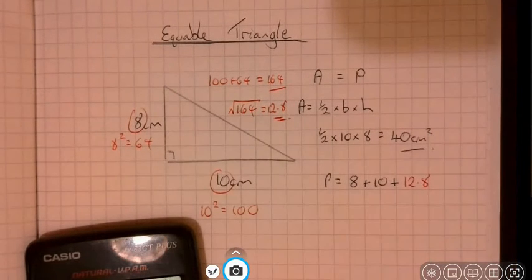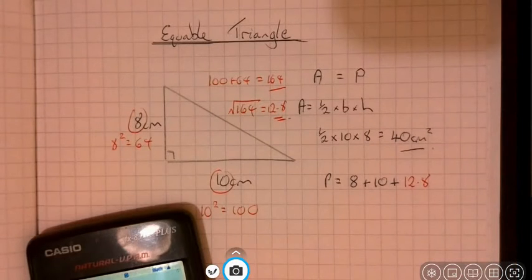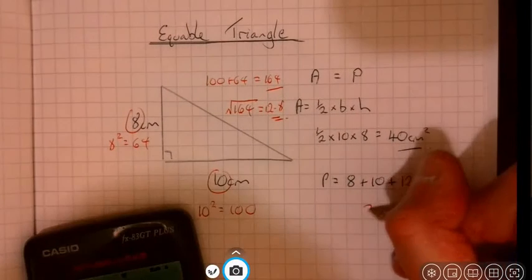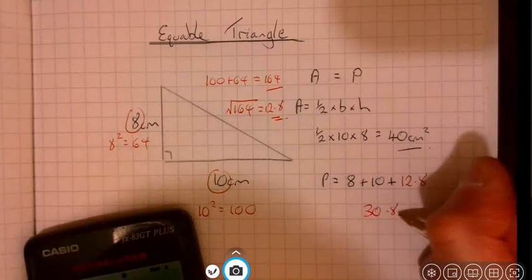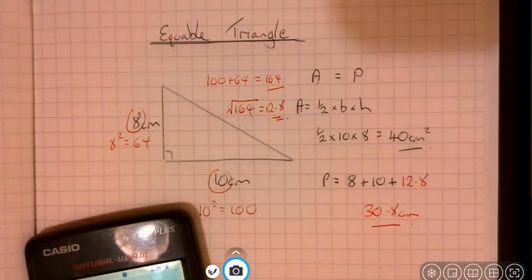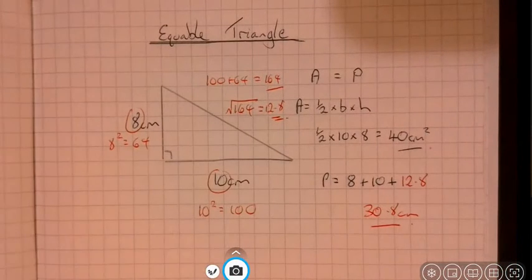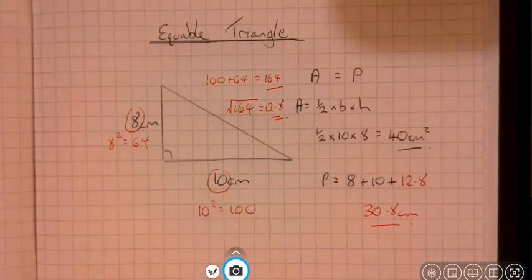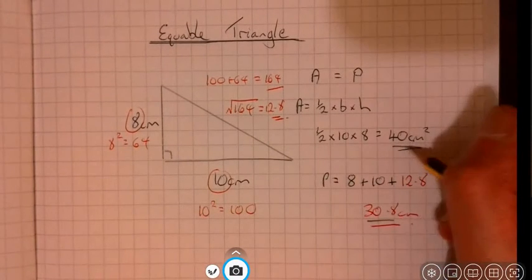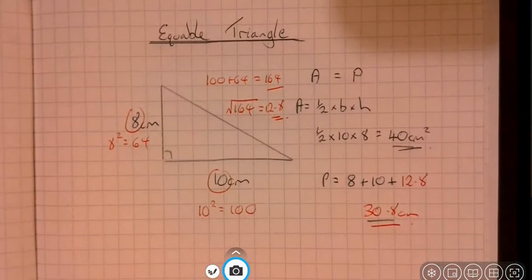So if I add that lot together, what do we get? We get 30.8 centimeters. So they're not quite the same, are they? Looking at that, I'm going to think, right, so what shall I try next?